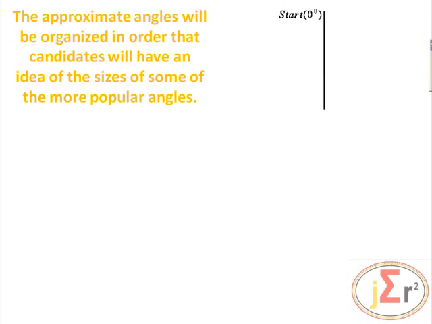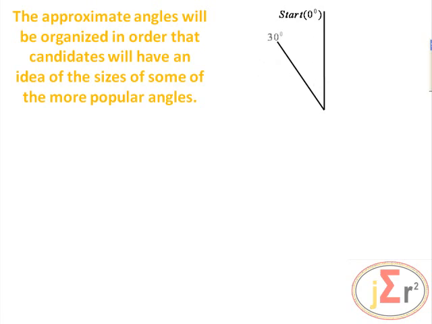As a matter of fact, we have more of them, and we have them occurring in a smaller space. So we are going to take a look at some of the more popular angles. As a matter of fact, the angles will not be exact because they are constructed on a computer screen.